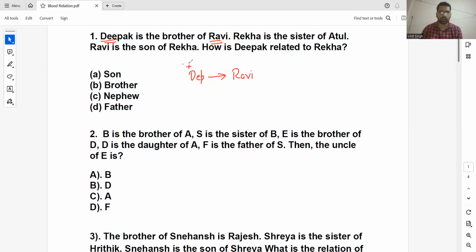Now, here is the sign of positive. Rekha is the sister of Atul. Rekha is a sister, but there is no relation of Deepak and Ravi. Now after that, Ravi is the son of Rekha. Ravi is the son, so Rekha will be one generation up from Ravi. There will be a Rekha.